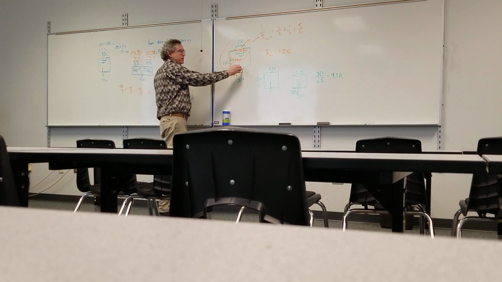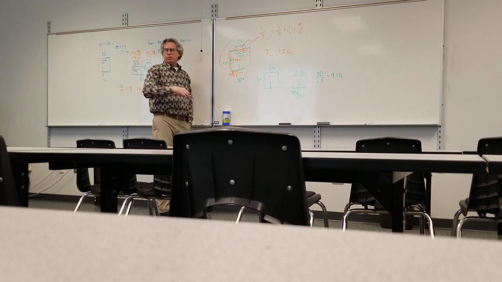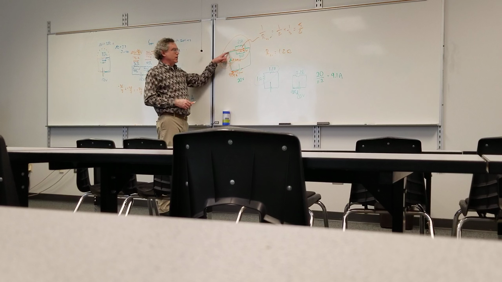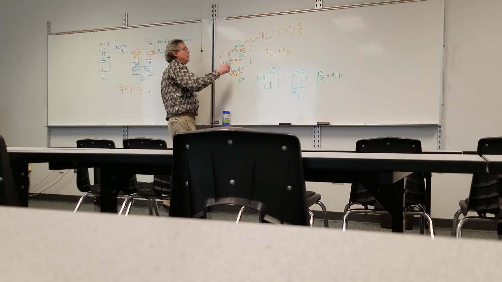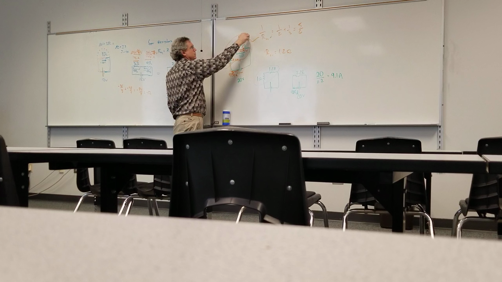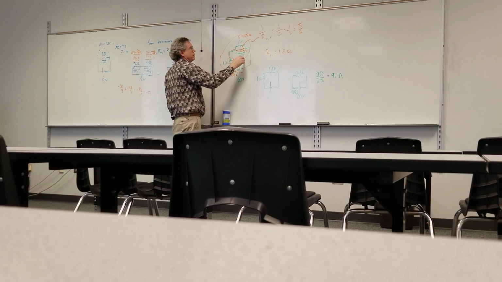Because if I start here and go around and end up back here, my total potential gain is 0. So you just subtracted it? Yeah, 20 minus 9.09, that's what's left over. So this is going to be 5.455 amperes. And divide by 3, you'll end up with 3.6.